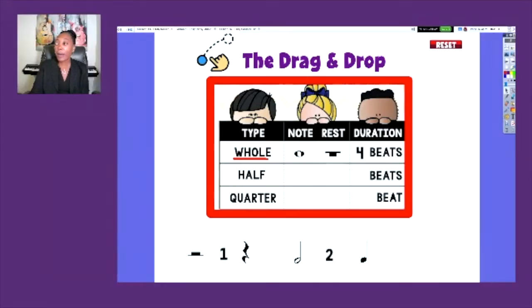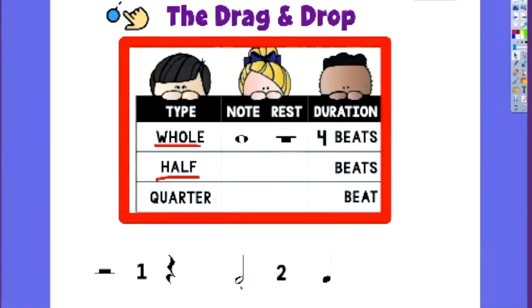Okay. And now we have our half note and half rest. First we're going to deal with the note. Which symbol is the half note? Oh, that's right. It has the stem with the note head and it's not filled in. So we're going to put our half note here.